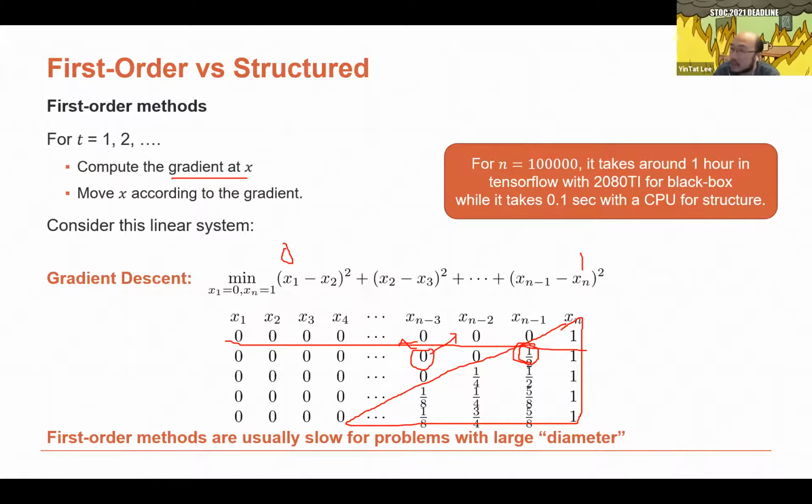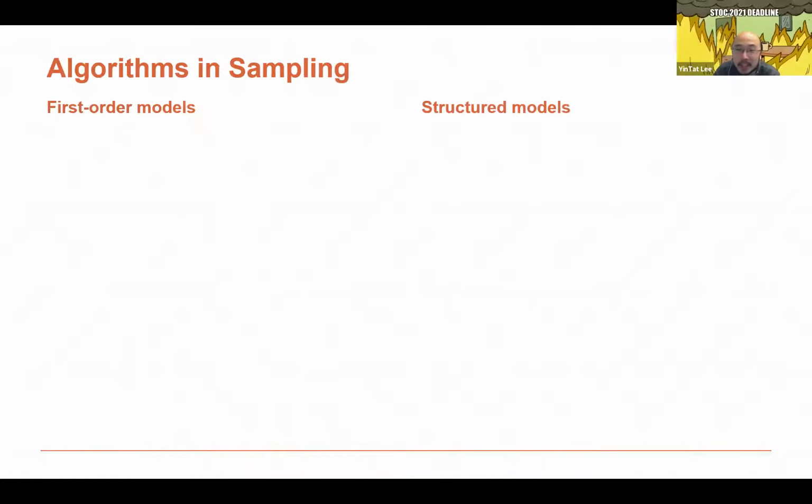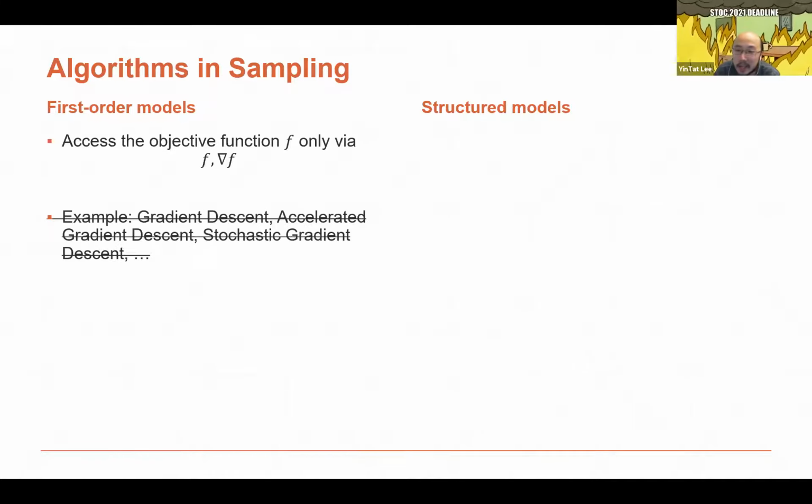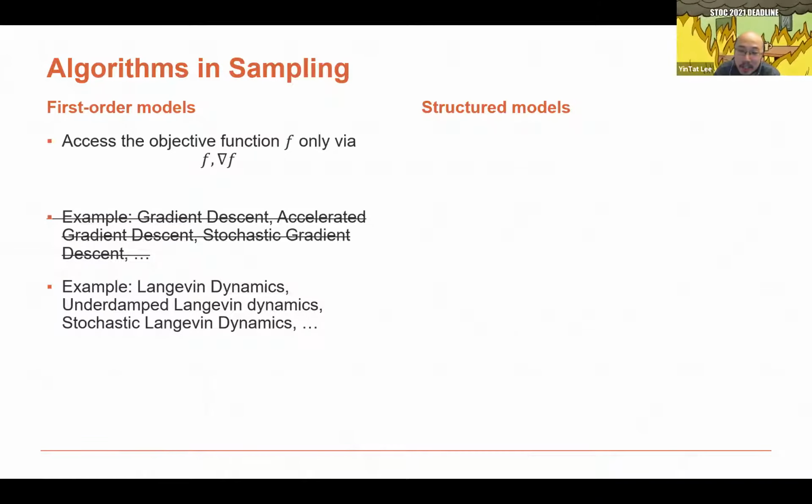Now I will switch to the sampling case. For the sampling case, similarly, you can characterize algorithms into these two cases. For first order, in optimization, you have gradient descent, and for sampling, you have Langevin dynamics.